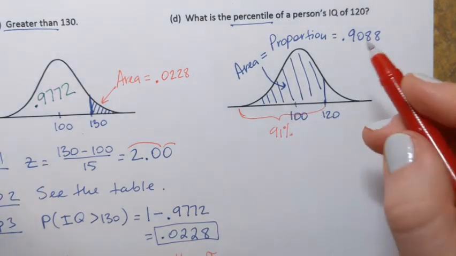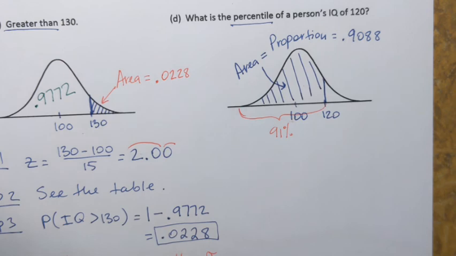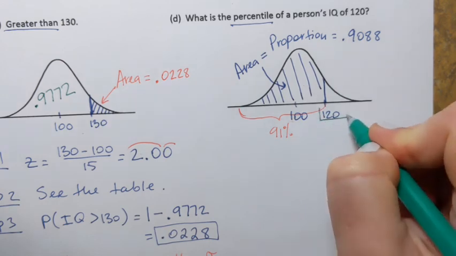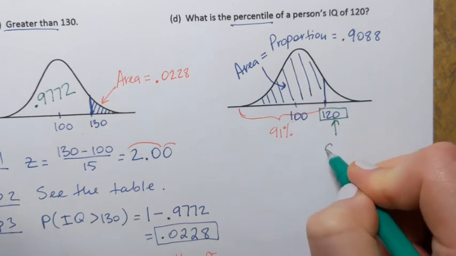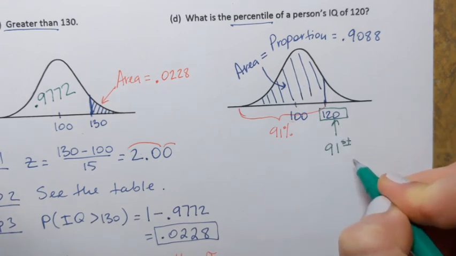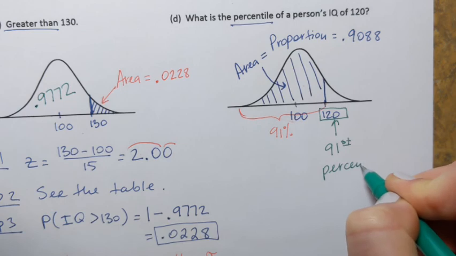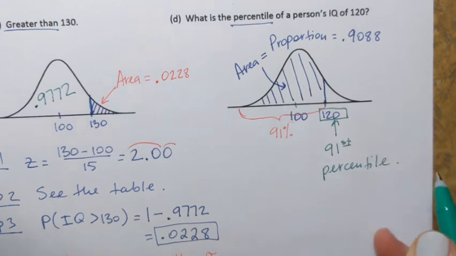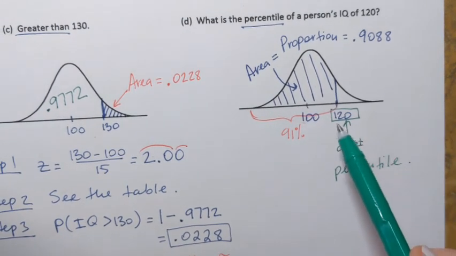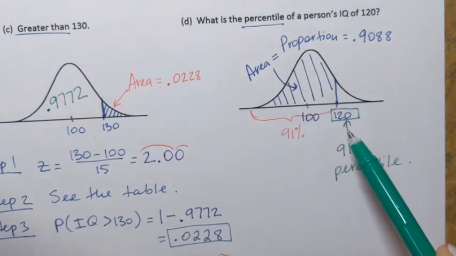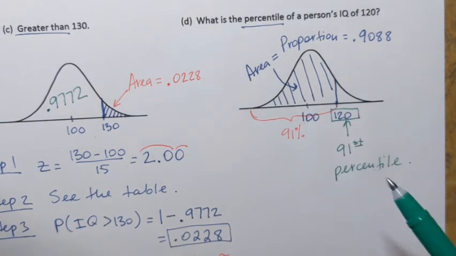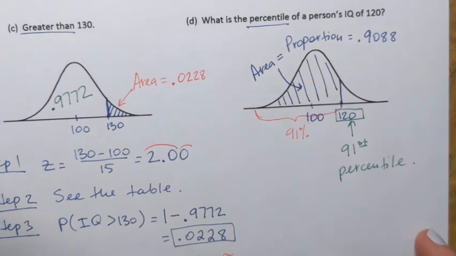And that means that 120, that specific score, is called the 91st percentile. So percentile is a measure of position, so it always corresponds to a specific data value. So that's how you answer this question about the percentile.